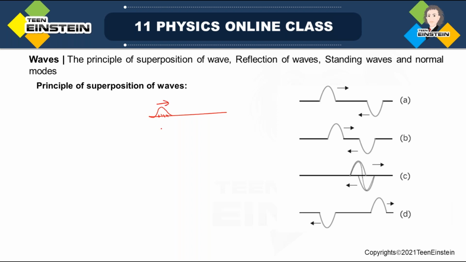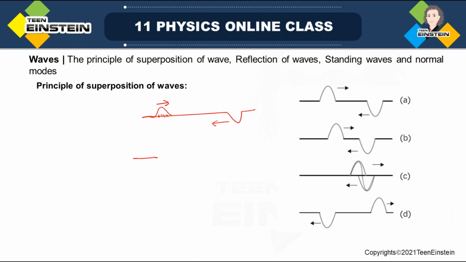Suppose it is moving in this direction. If somehow another disturbance is produced on the other side of the string, which is traveling in the opposite direction, what will happen to the displacement of the element of the string when both of them overlap each other? So this is one situation.